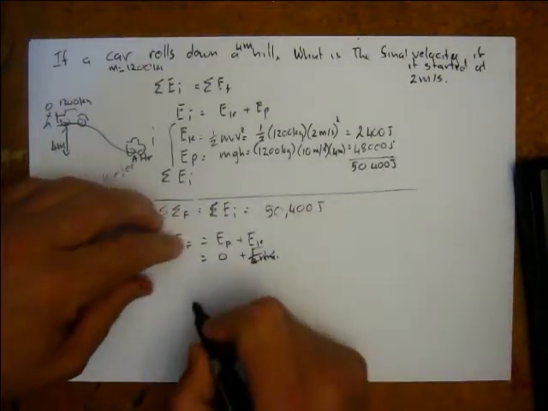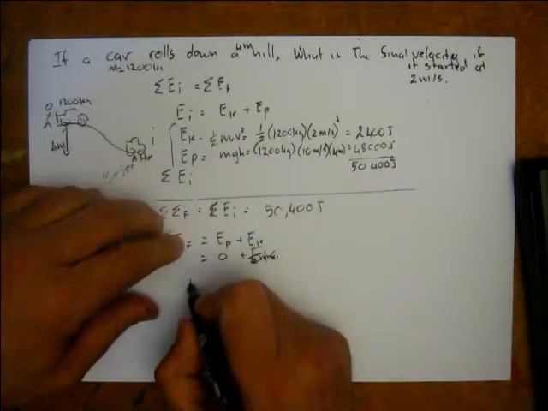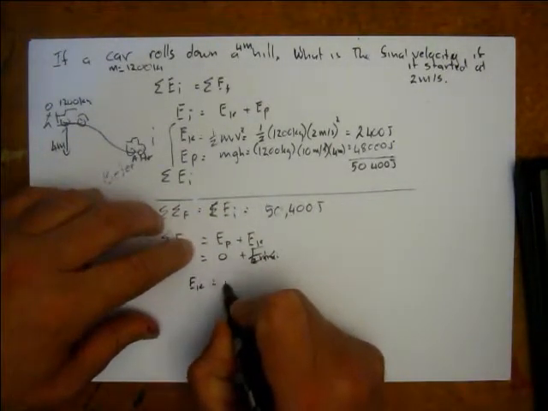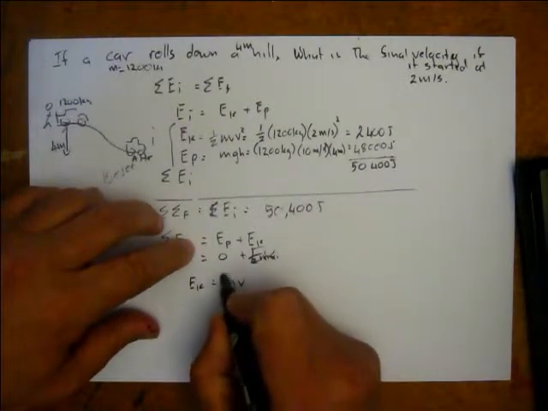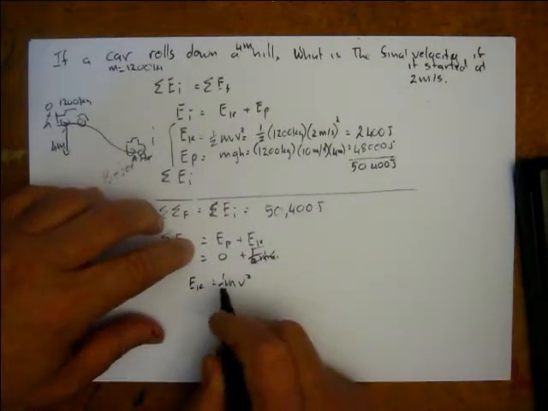So EK, to work out the velocity, EK equals half mv squared.